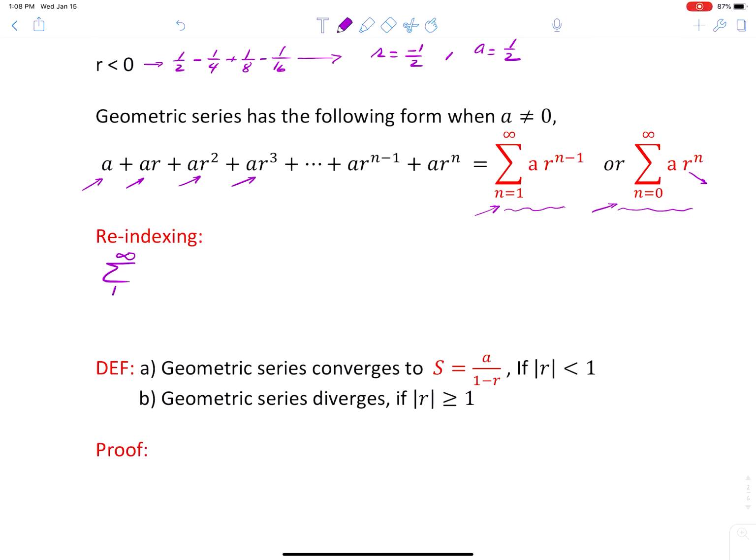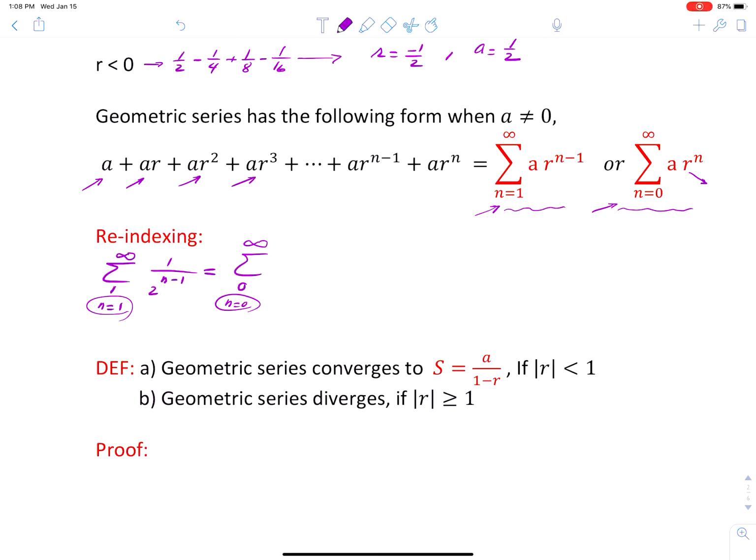Reindex means I play around with this first n. When I say 1, this means n has to start from 1. Let me make up one series, like 2 raised to power n minus 1. Well, if I don't want to start from 1, somebody says, can you rewrite the same series, but you start from 0? N, first term, starts from 0.